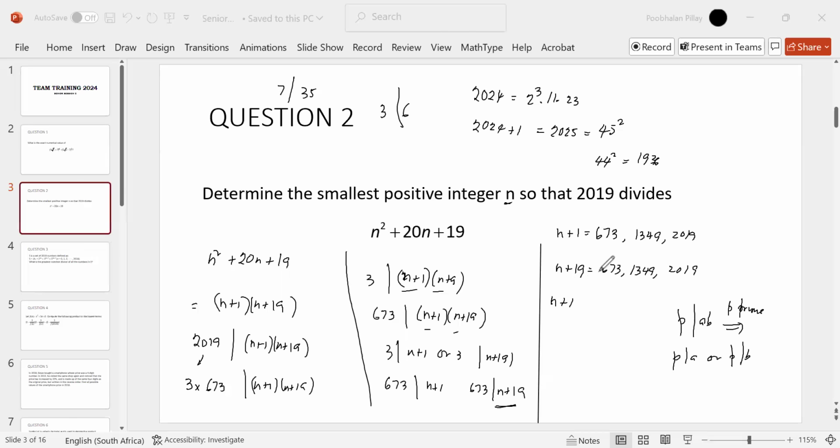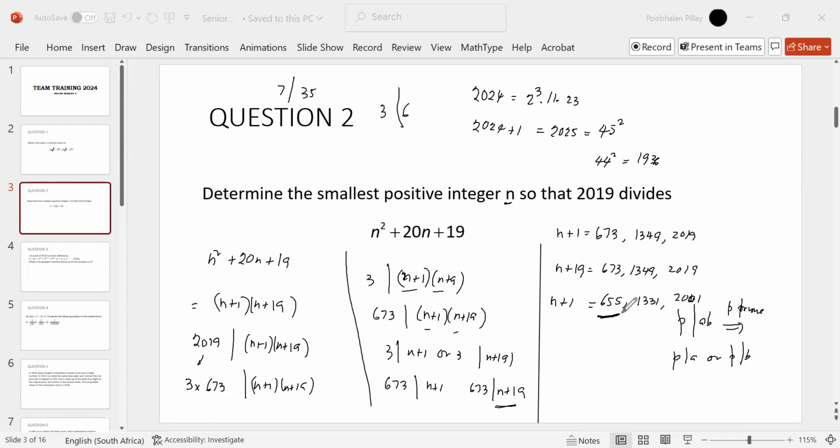So n plus 1 is 18 less than this. So this is 655, I think. So 18 less than this is 1331, and this is 2001. Right. So n plus 1 is going to be this.